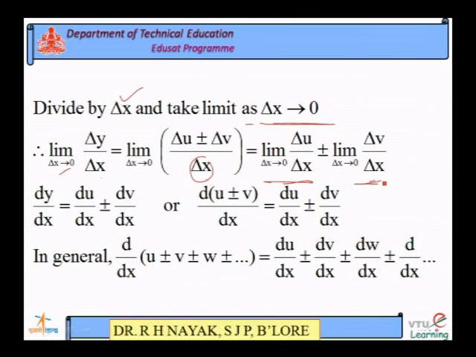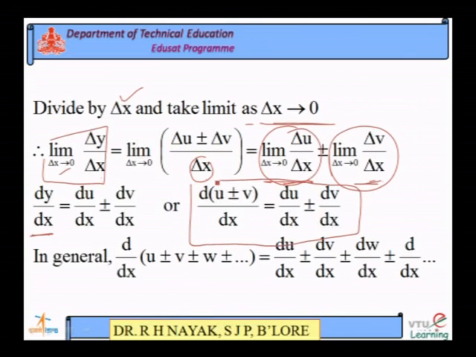Based on the principle of finding derivatives of any function, the left hand side becomes dy by dx, and this will be taken as du by dx, and this is taken as dv by dx. Finally, the differentiation of u plus or minus v is equal to differentiation of u plus or minus differentiation of v. Like that, you can extend it for any number of functions.